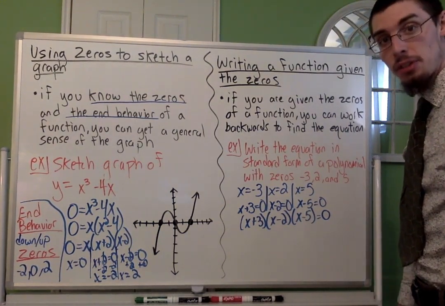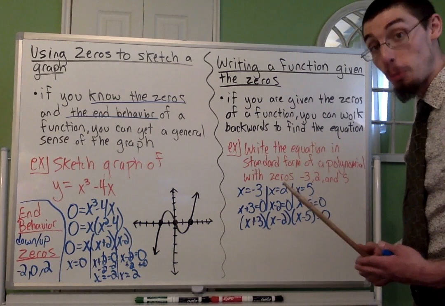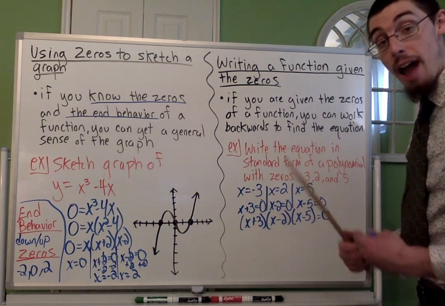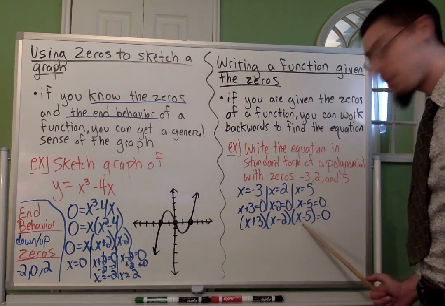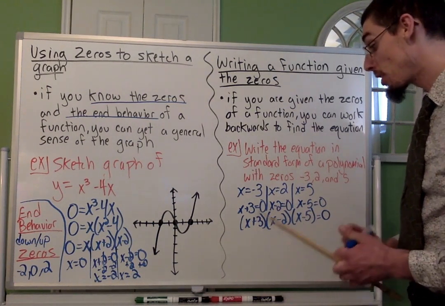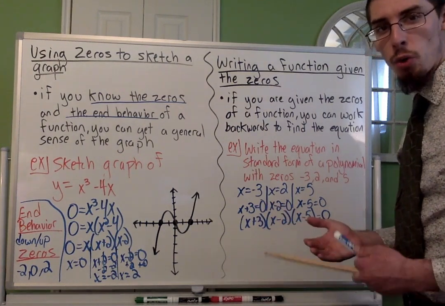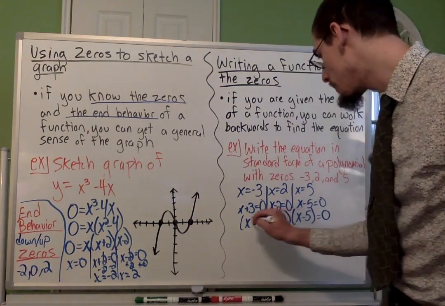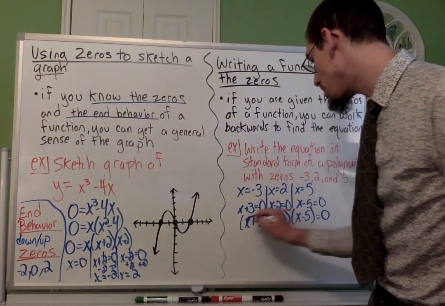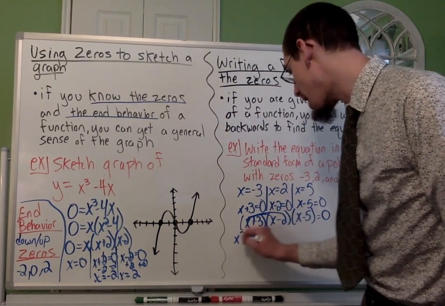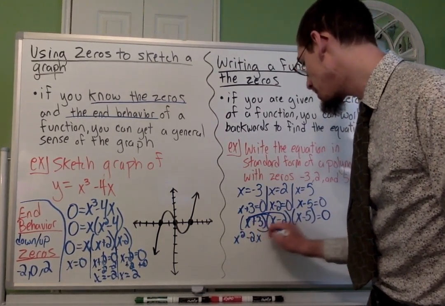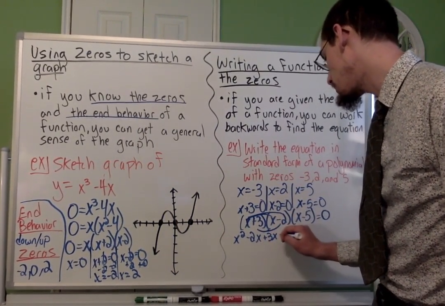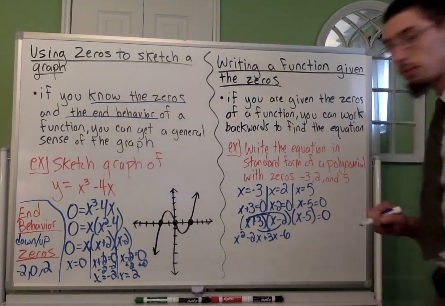Now, all that's left to do is multiply these binomials, right? I have 3 factors, and I have to multiply them. And that's kind of going to be FOIL method, or a better word for that is distribution, right? So I'm going to distribute x to get x squared minus 2x, and I'll distribute 3 to get 3x minus 6, right?